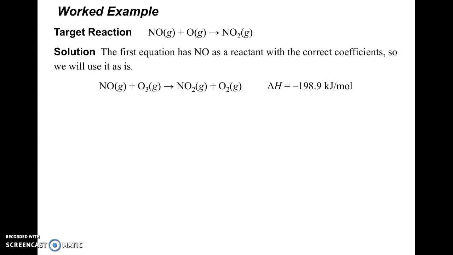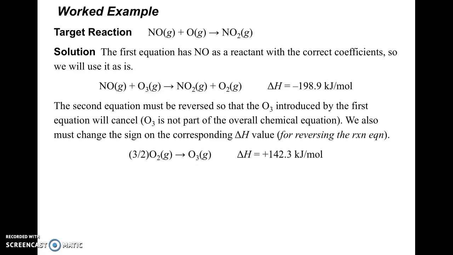Start out by writing our target reaction up here so we can see where we're going, and we'll use that first reaction listed on the previous slide because it has NO as a reactant, which we want. And then we want to use the second reaction to get rid of the ozone. And so we have to turn it around.